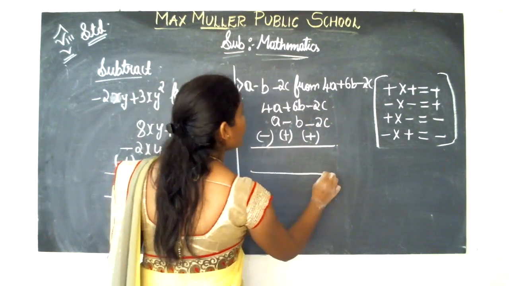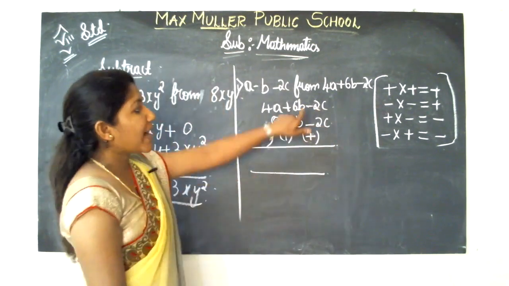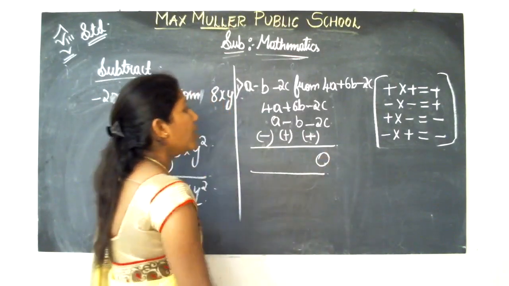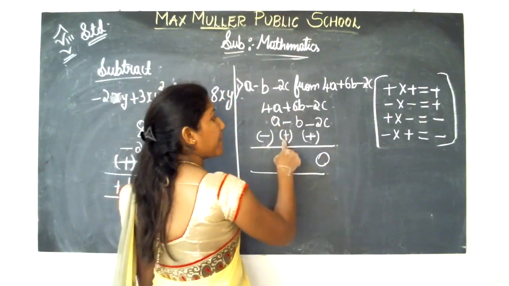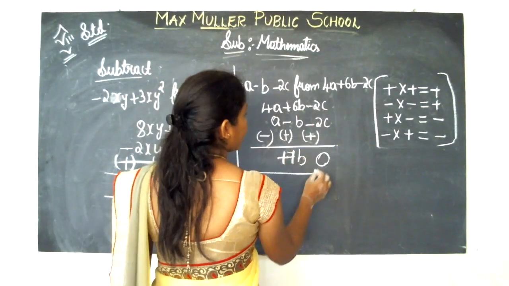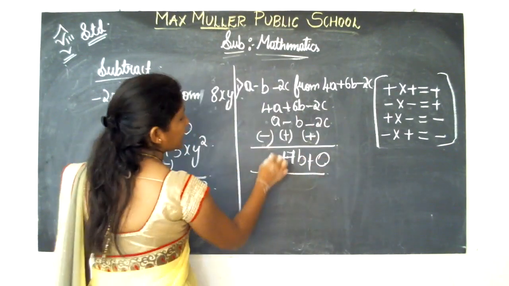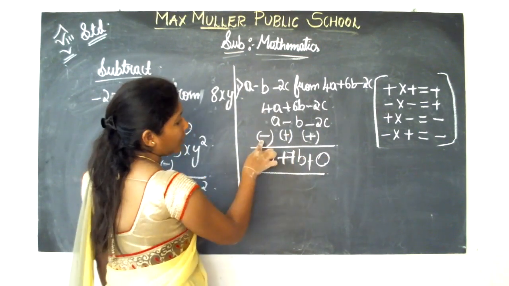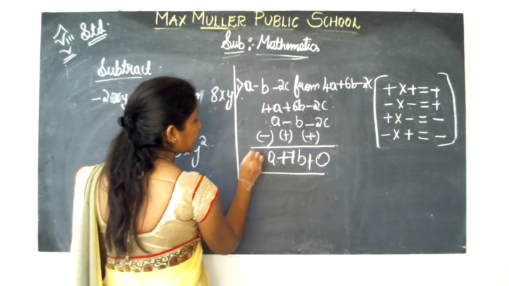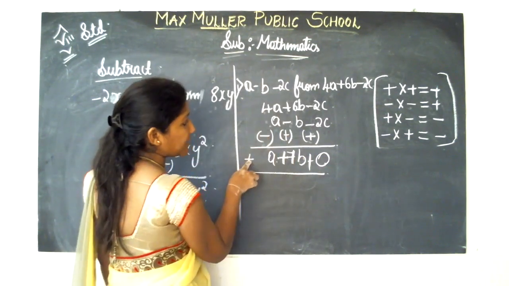So now with this thing, minus 2c plus 2c get cancelled, so it is 0. And plus 6b plus b is plus 7b. Okay. Next, a: 4 minus 1. Minus 1 is there, so greater number sign is plus.